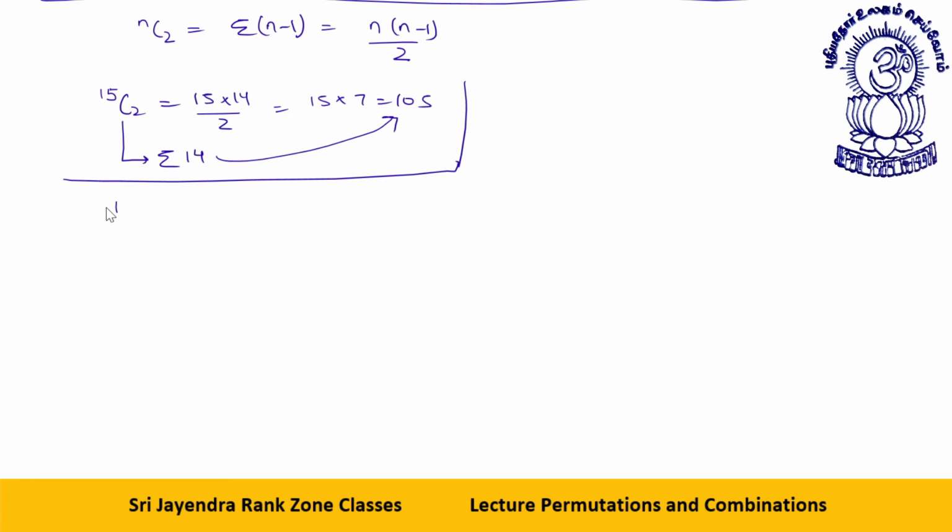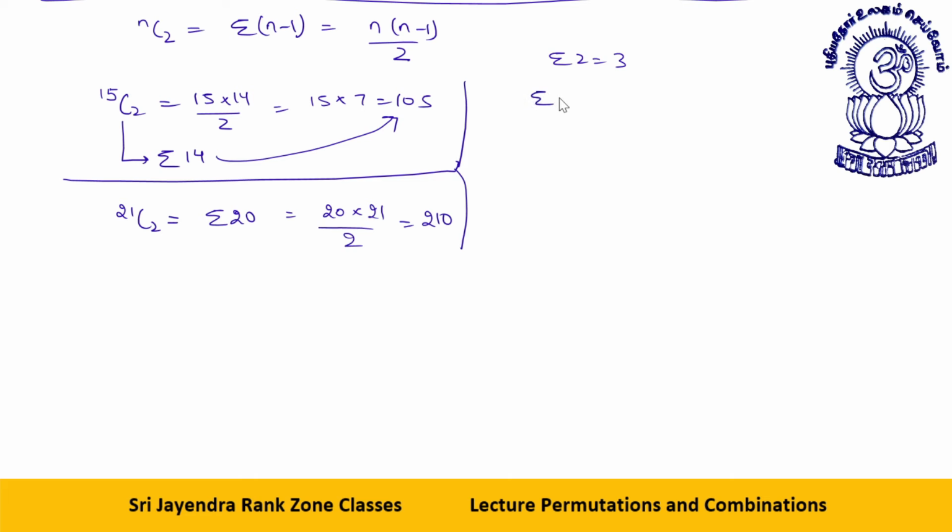Suppose I say 20C2 or 21C2. 21C2 will be summation 20, or 20 into 21 by 2, that is 210. Is this part clear to everyone? Few summations you must be thorough with, dear friends, so that you can save time in your exam. Summation 2 is 1 plus 2, 3.